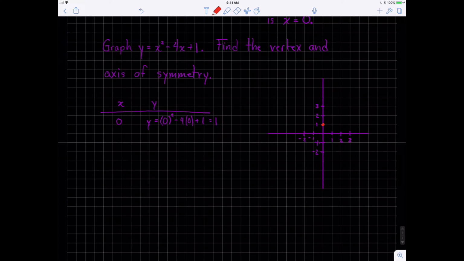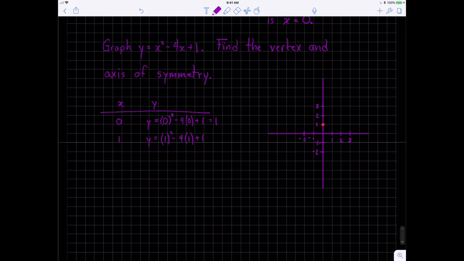Okay. Now let's try another one. Oops, we're in magenta mode today. Let's try 1. X is 1, then we have y equals 1 squared minus 4 times 1 plus 1. That's going to be 1 minus 4, that's minus 3, plus 1 more is minus 2.